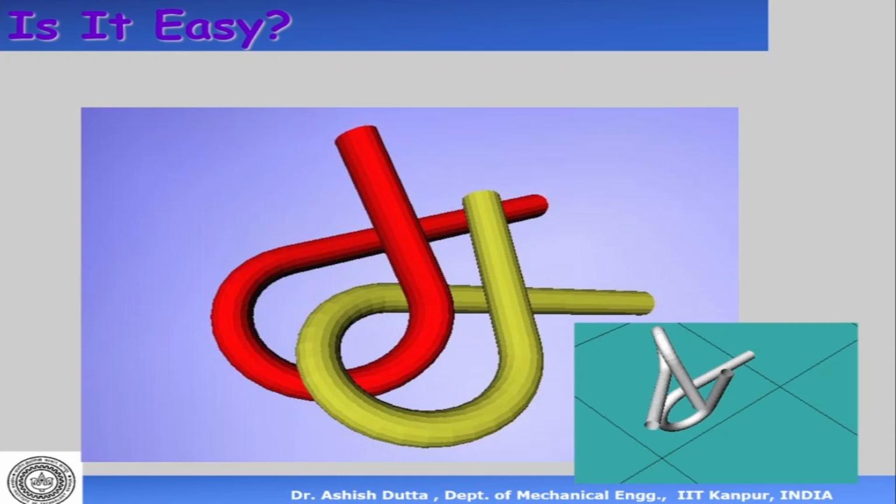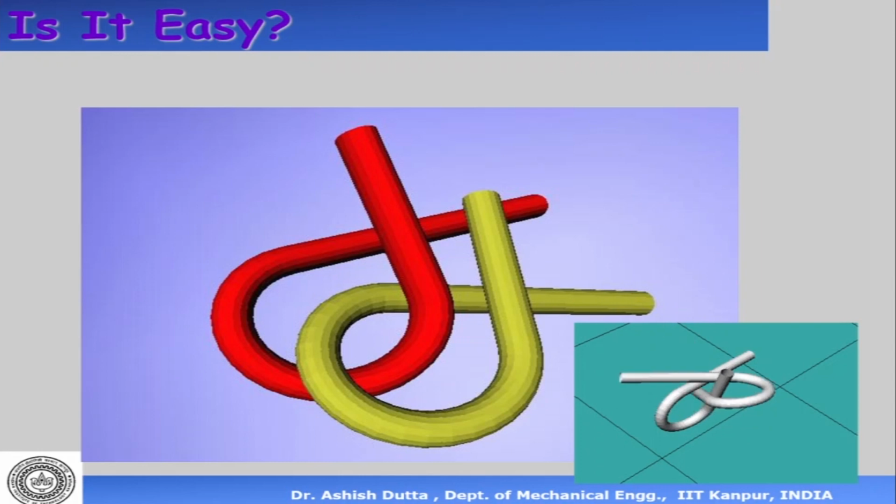Now, is this problem easy? This problem of motion planning and path planning. If you just look at a mobile robot, avoid obstacles, go from here to there, it's not very difficult. But as you go up, you tend to see that it is becoming more and more difficult. For example, look at these two rings. The red one and the brown one, or the red one and the yellow one, they are entwined.